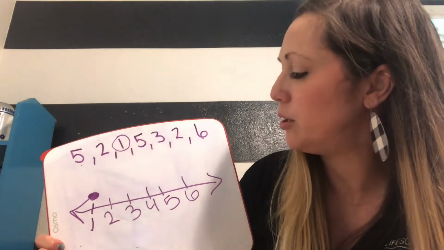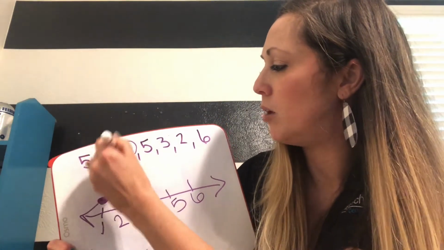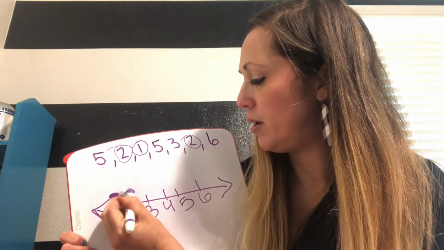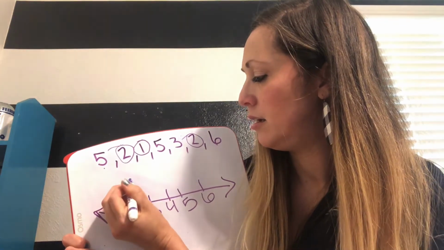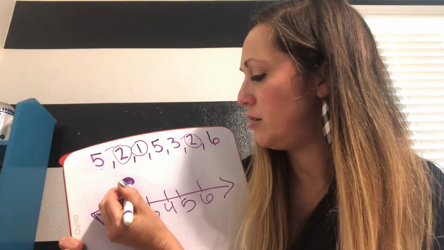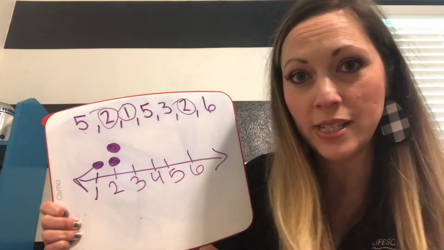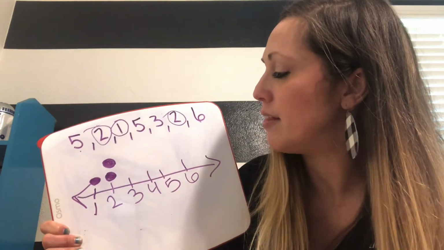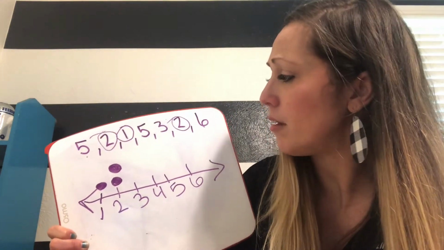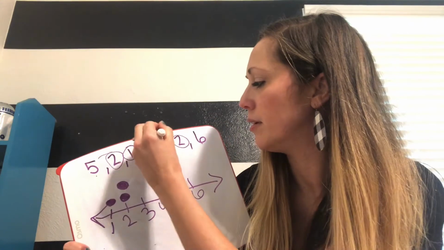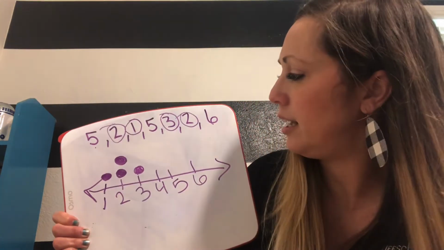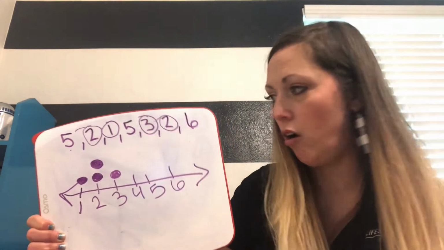Looking at my 2s, I see 1, 2 2s. So I'm going to put 2 dots because I'm showing the frequency that this number occurs in my list above, and that would be 2 times. Okay, let's see here, 3. I have 1 3. And then looking here, I don't have any 4s at all.